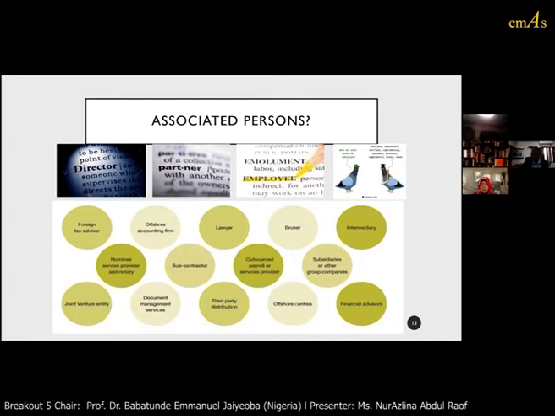When we look at cases established in UK and US, we can see associated persons also include subsidiaries and those who work in the organization as well as outside the organization. So you have the brokers, the lawyers, the intermediaries, the third-party distribution, the joint venture entity, and the foreign tax advisor, and so on and so forth. The list goes on and on.